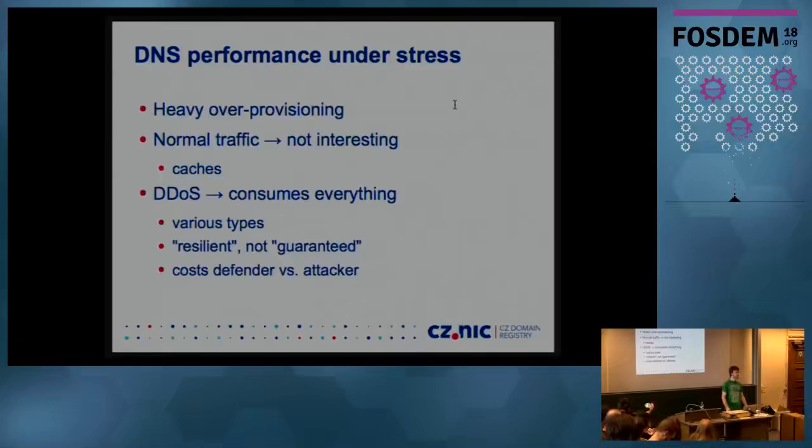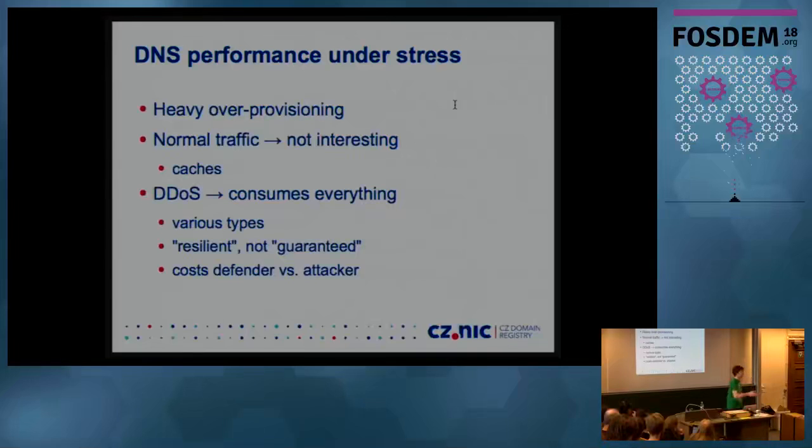It practically means that when you add some security sugar on top of it, you will not notice performance-wise, because you still need to over-provision for the denial of service attacks anyway. So normal traffic is not interesting from a performance perspective.